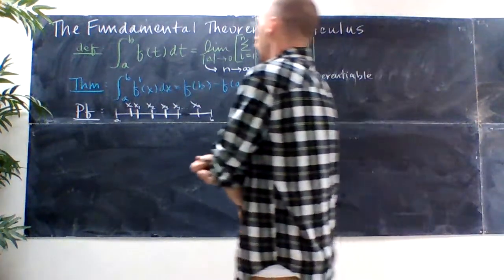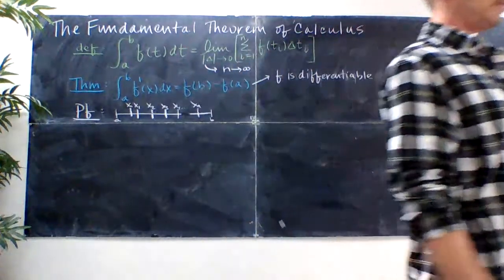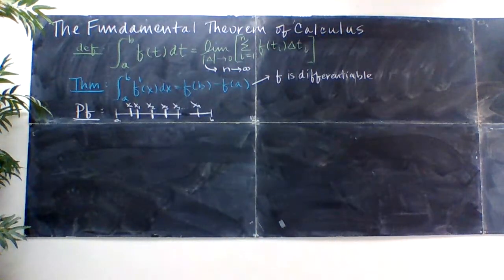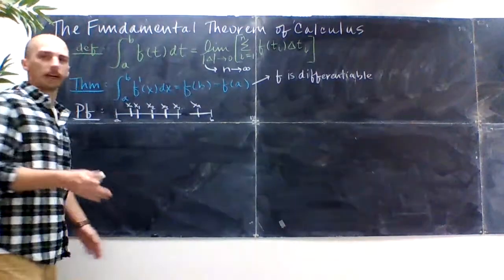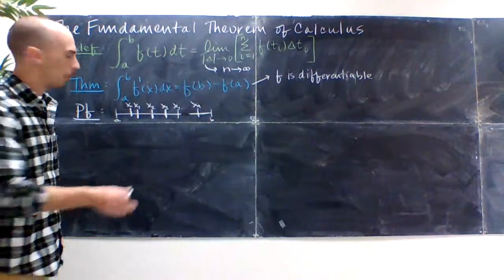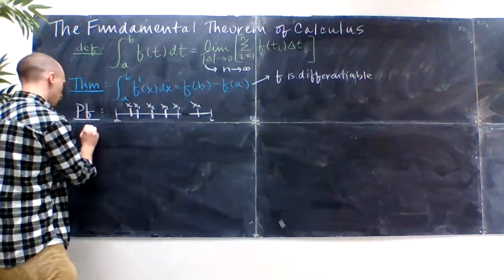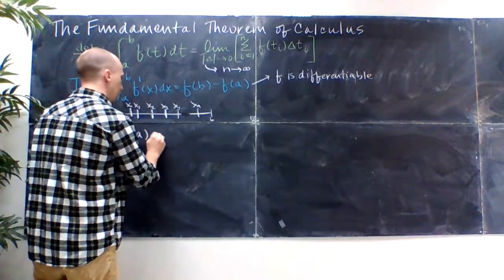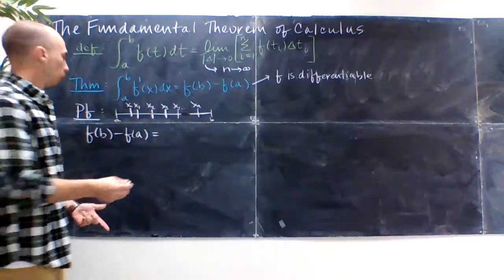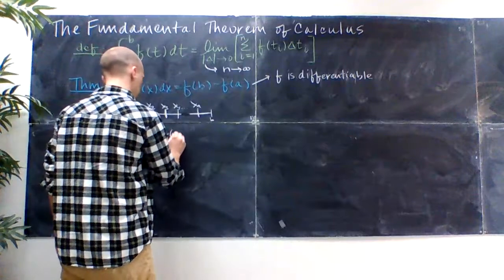So, what I'm going to do is I'm going to kind of conveniently start with f of b minus f of a. And then I'm going to just add some clever forms of 0. So I'm going to start with f of b minus f of a. And that's going to be equal to, start with f of b.